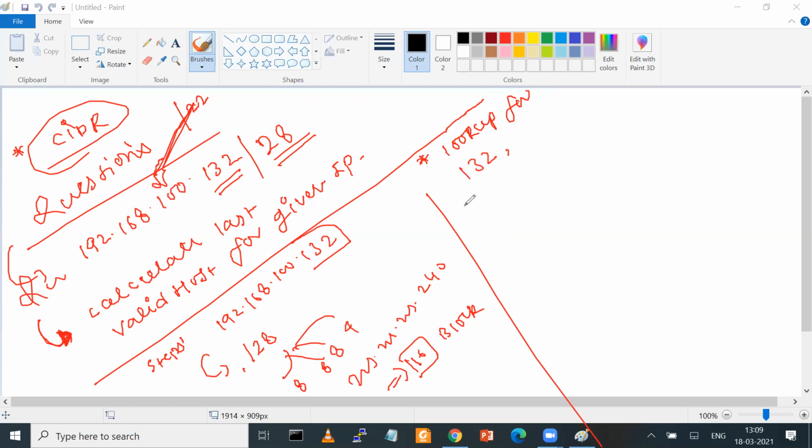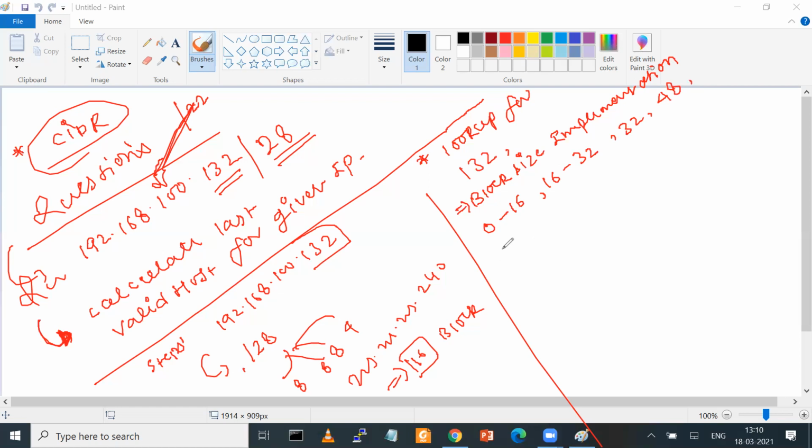Now we just have to perform the block size implementation. It looks like this. The first block is 0 to 16. Next is 16 to 32, 32 to 48. You just have to add 16 each time.